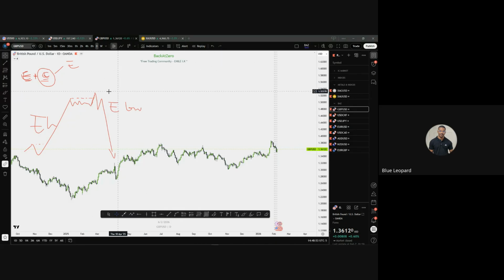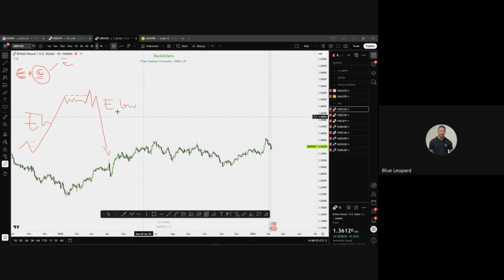Okay, so when you have this, let me show you another case. You have a consolidation, then a manipulation lower, manipulation higher. Now you don't know where to go, right? You observe where price is coming from and where it is going. You could have something like this.